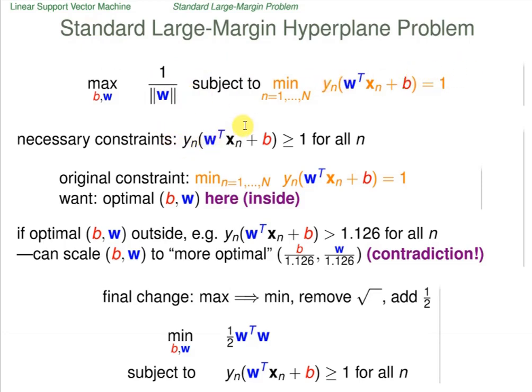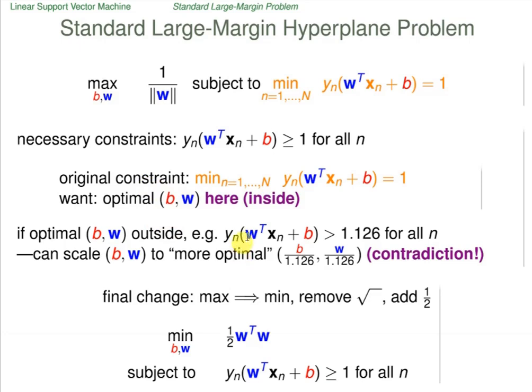The necessary conditions for this optimization are as follows. For all n, which means again that we require all the points to be classified correctly. In the original constraint, we required a special hyperplane with the margin equal to 1, and wanted the optimal b and w to lie inside the margin.